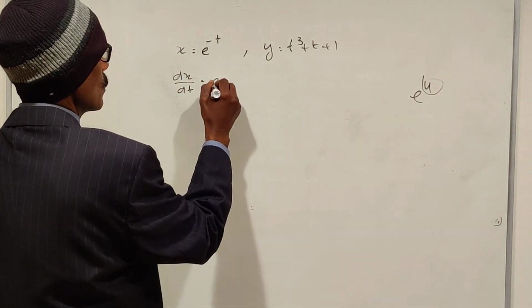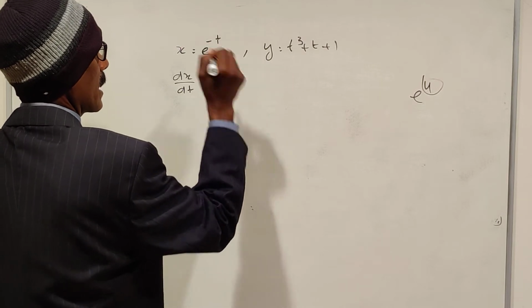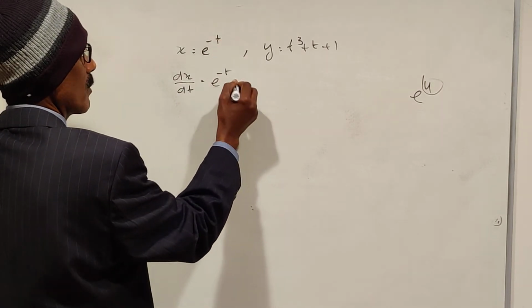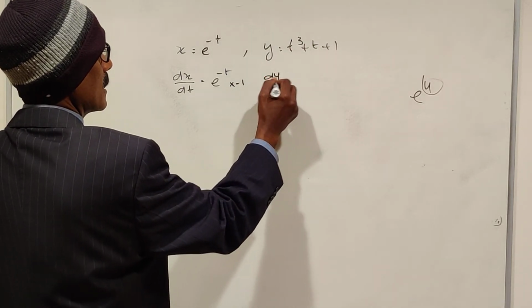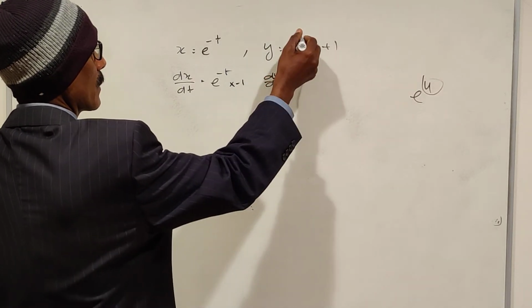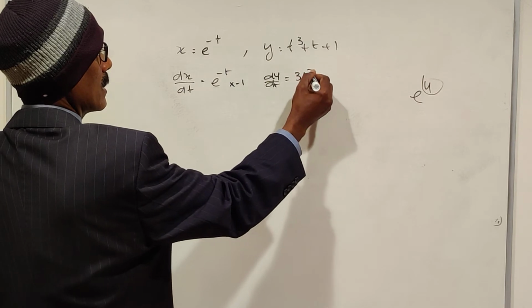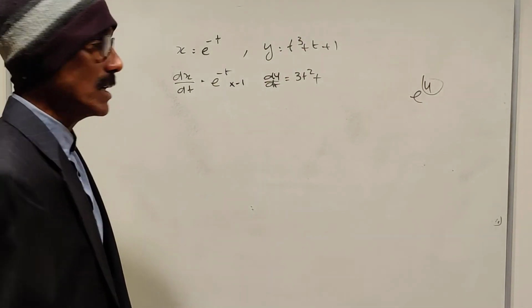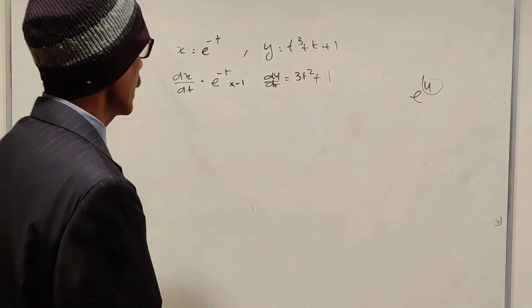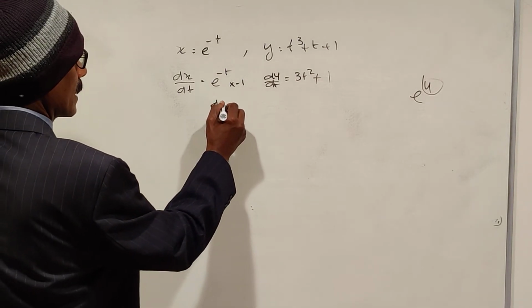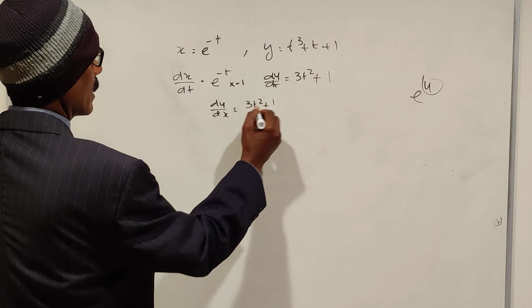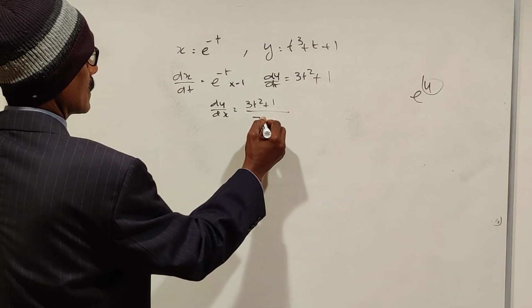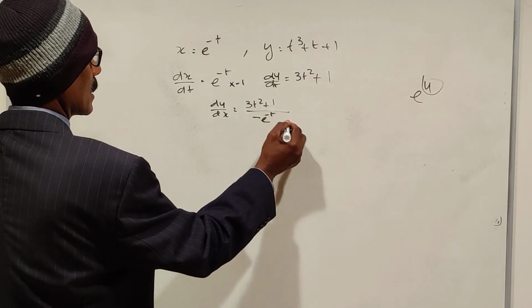E raised to minus t itself times the derivative of minus t, which is minus 1, so minus e raised to minus t. Here dy by dt equals the derivative of t cube, 3t square, plus the derivative of t, which is 1. Then dy by dx equals 3t square plus 1 divided by minus e raised to minus t.